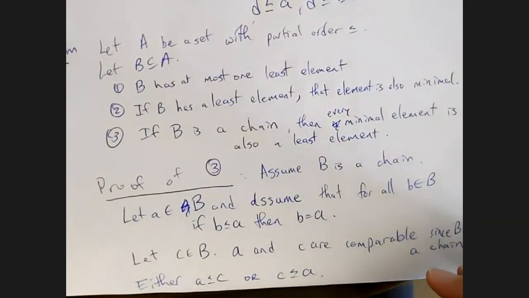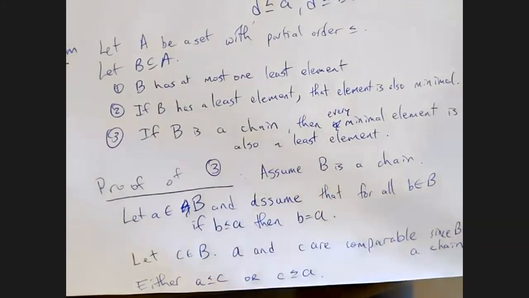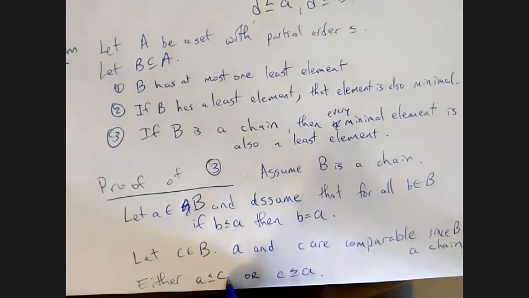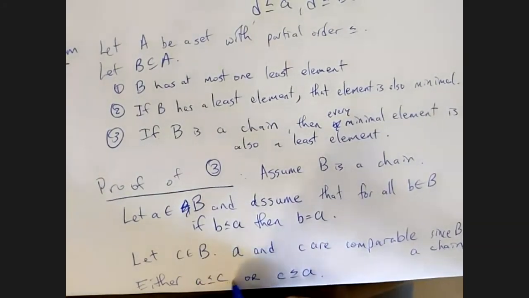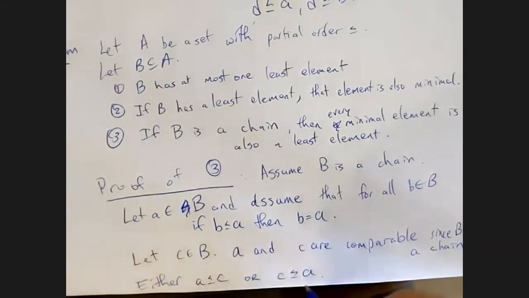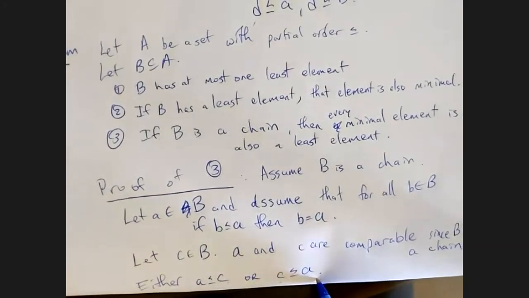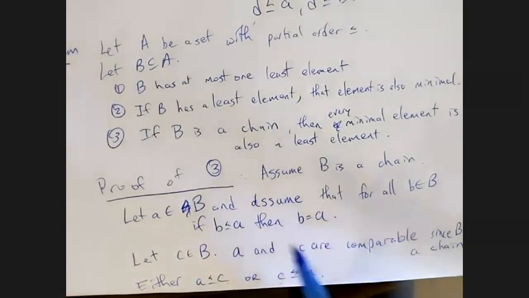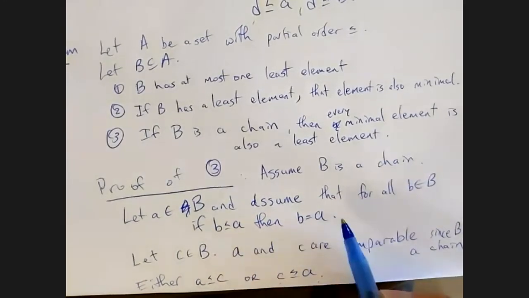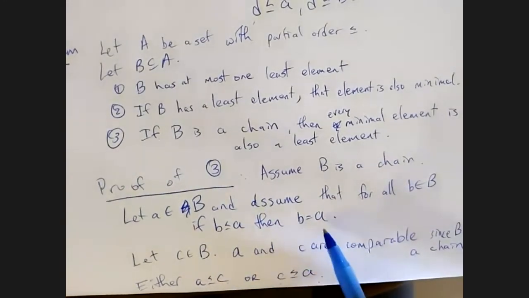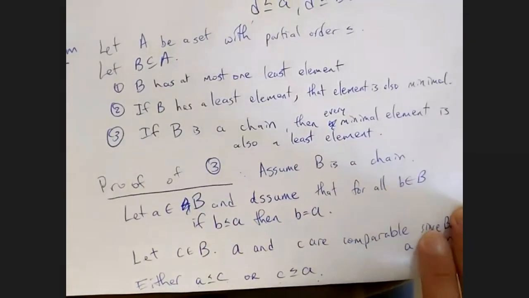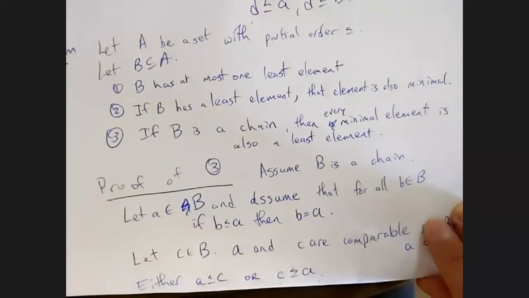Okay, and now we can see what happens. We want A to be less than or equal to C. So if A is less than or equal to C, we're done. If C is less than or equal to A, well, A is a minimal element, so C equals A. Let's write that down.